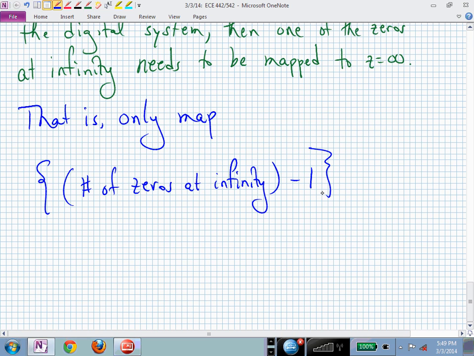So if I had four zeros at infinity, this now in curly braces says I have 3. And I only mapped 3 of those through that z plus 1 factor in my resulting G sub D of Z.